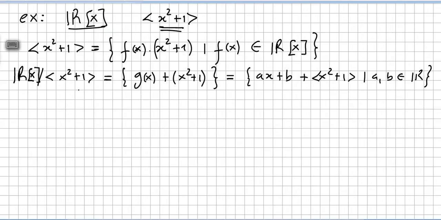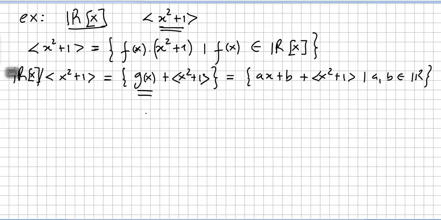That will be the set of... Of course, this is wrong too. I'm sorry, because it's not sufficiently clear that this is the ideal generated by this x squared plus 1 plus all the polynomials.